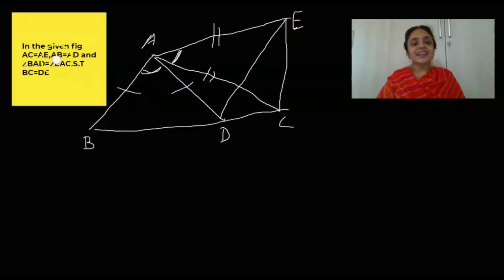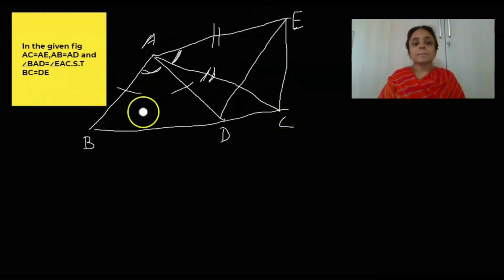Next question is, in the given figure, AC is equal to AE, AB is equal to AD, and angle BAD is equal to angle EAC.